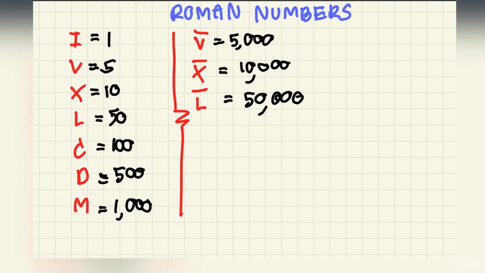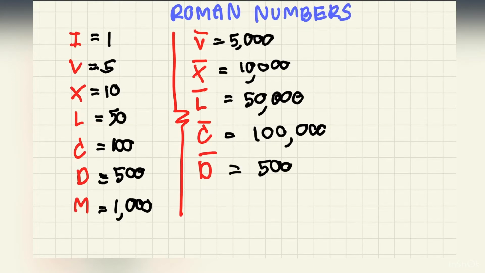C bar is equal to 100,000. D bar is equal to 500,000, and M bar is equal to 1 million.